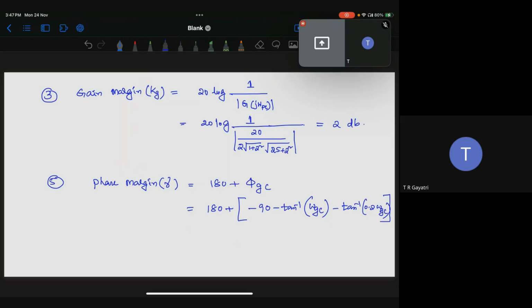Here, what is omega GC? We got omega GC as 2.25. So you can substitute here. So this will become plus 90 minus tan inverse 2.2 minus tan inverse 0.2 times 2.2. Okay, if you do the calculations, you will get 5 degrees, which is a positive value. This is also a positive value.